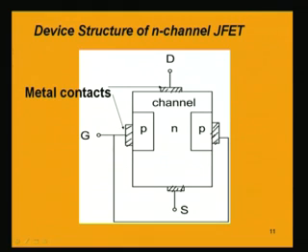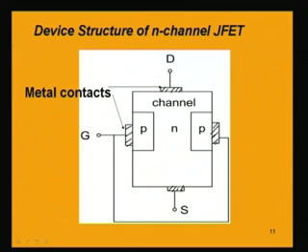That means the gate terminal has a contact with this P as well as this P. The same lead is connected to both the P's through this metal contact, and that is the gate terminal. And there are drain and source terminals. We are considering here an n channel JFET.